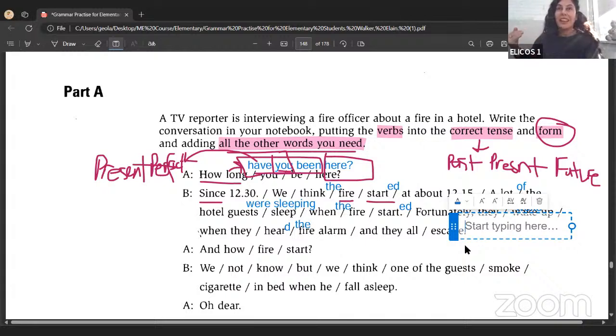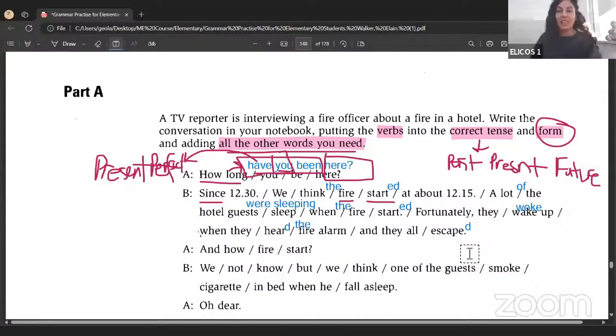Now remember, it's a completed, finished action. So that's why we put the ed, or past simple. So you could see that near the end we were using a lot of the past because it's an action which is already finished and completed. He's just telling you what happened. He's showing the reporter that this is what happened. Now everyone has escaped.